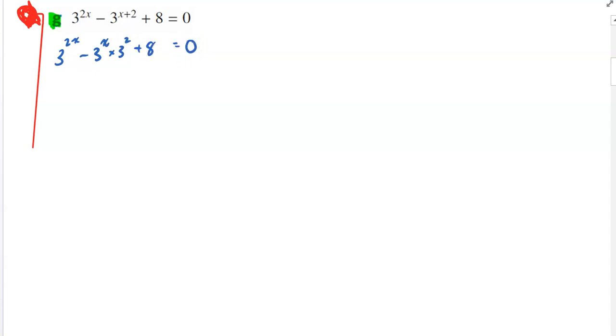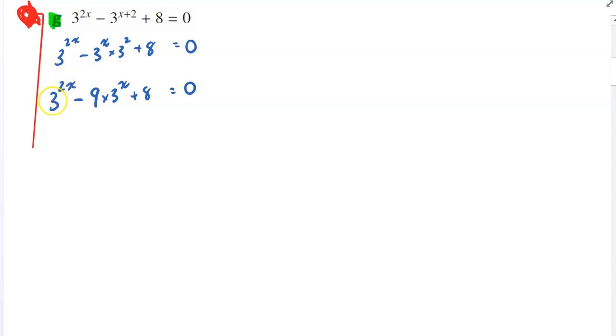Okay, so just to keep going, that's 3 to the 2x minus, now that's times 3 squared is 9, so I'm going to put that there, and I'll show you why in a minute, minus 9 times 3 to the x. So I've just changed the order, but it doesn't matter because one's being multiplied by the other, plus 8 equals 0. And here's where you need to see these questions and then sort of make the leap.